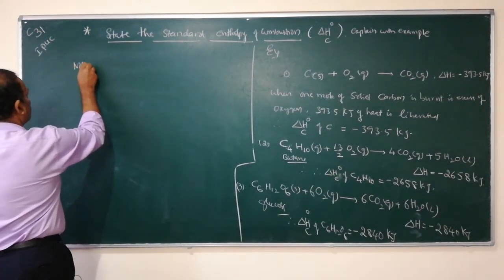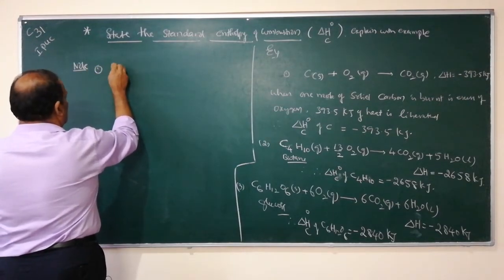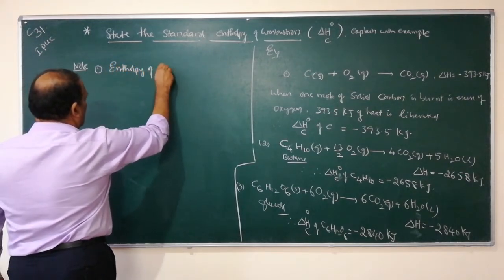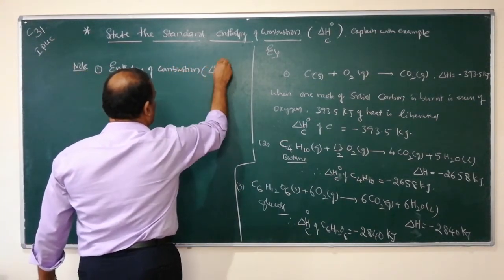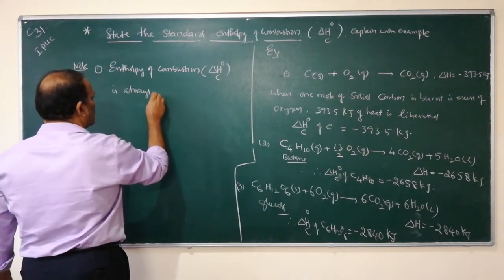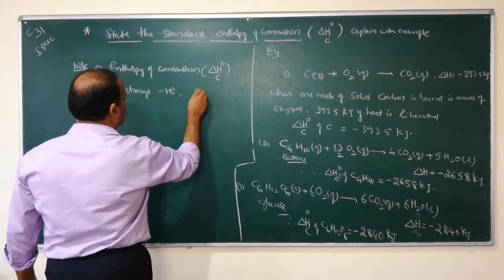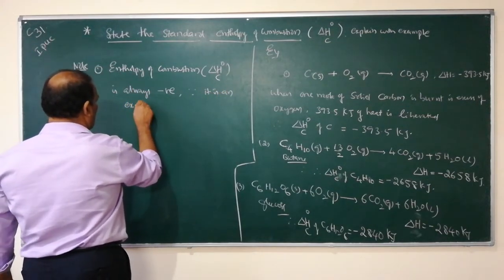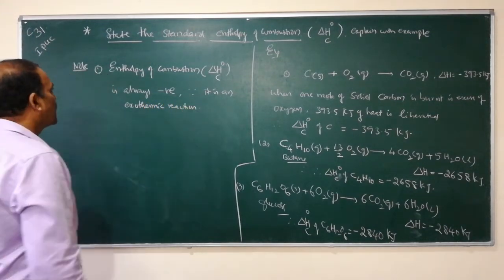So now make a note. Note number 1, enthalpy of combustion, delta Hc naught, is always negative, because it is an exothermic reaction.